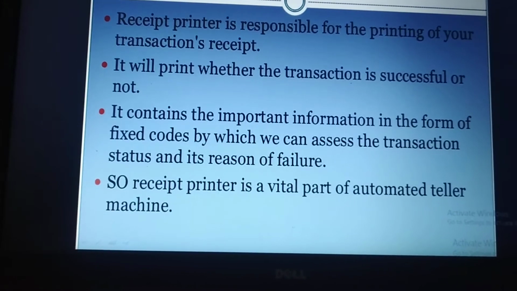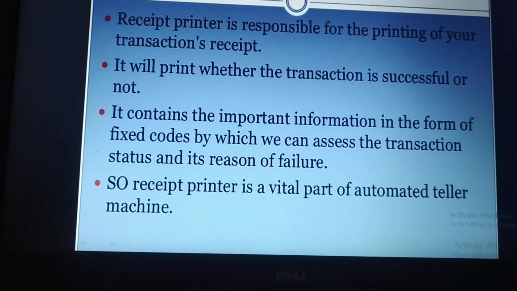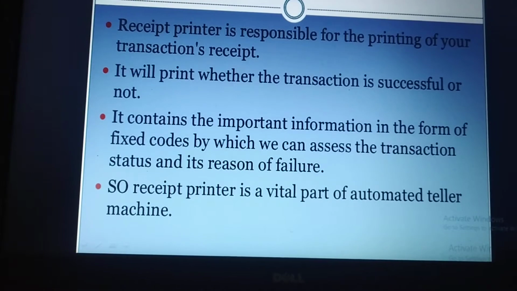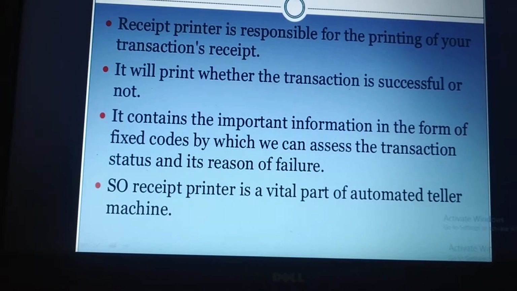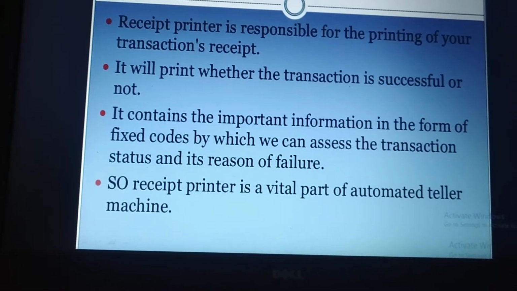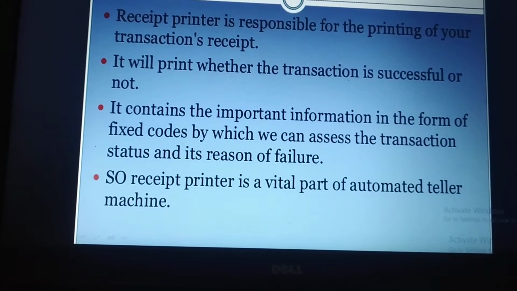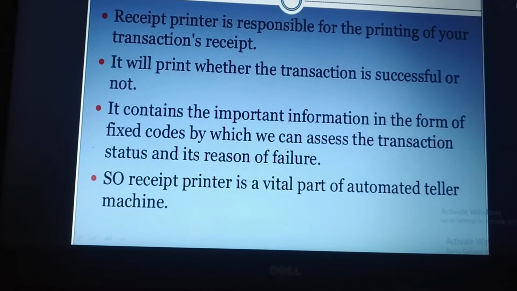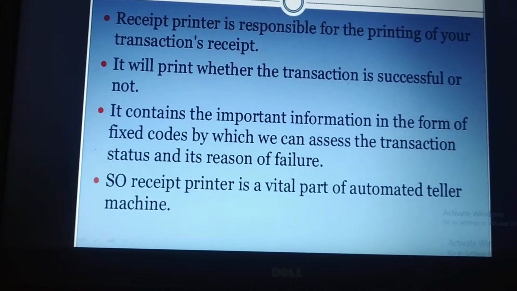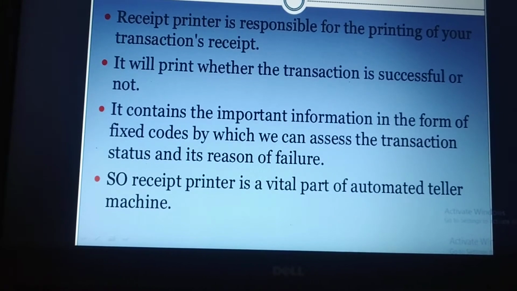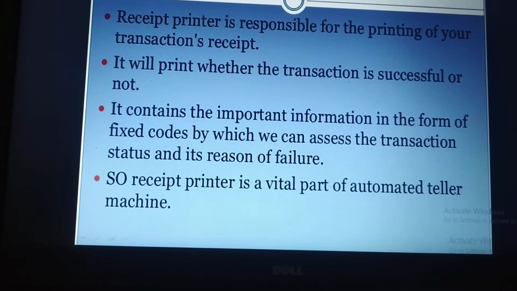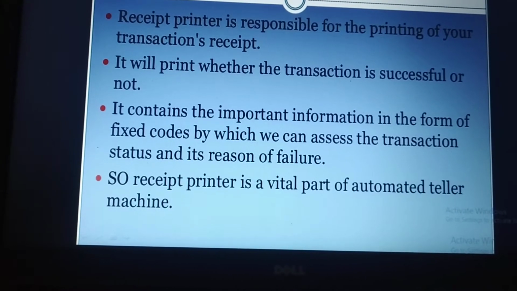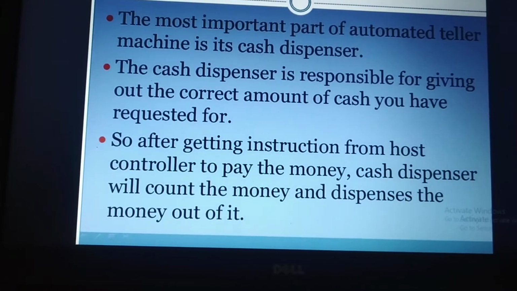Nowadays we have advanced to digital technology, and a lot of ATM machines do not have printing options. They only send a digital message like an SMS telling whether the transaction is successful or not, with important information from fixed codes by which we can know the transaction status and the reason for failure. So the receipt printer is a vital part of the automated teller machine.